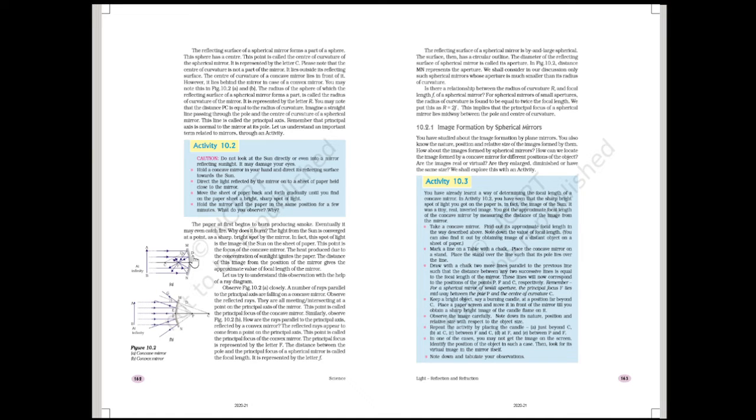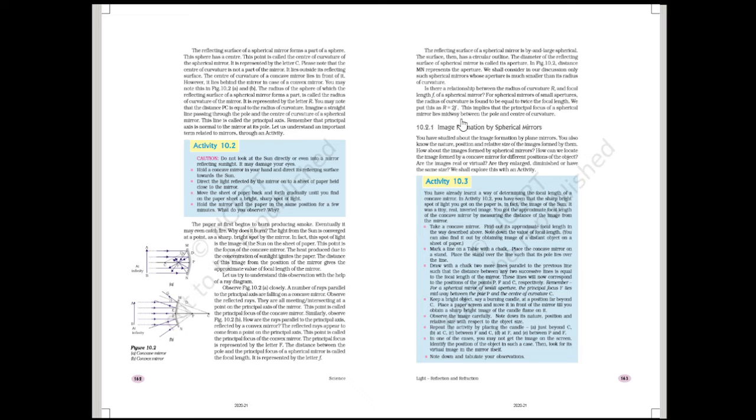For a spherical mirror of small aperture, the radius of curvature is found to be equal to twice the focal length. That means capital R is equal to 2 small f. This implies that the principal focus of a spherical mirror lies midway between the pole and the center of curvature.